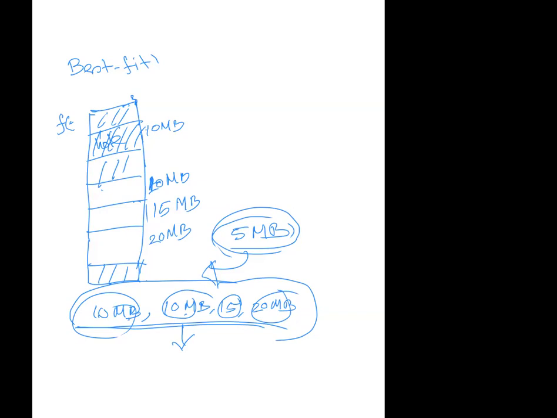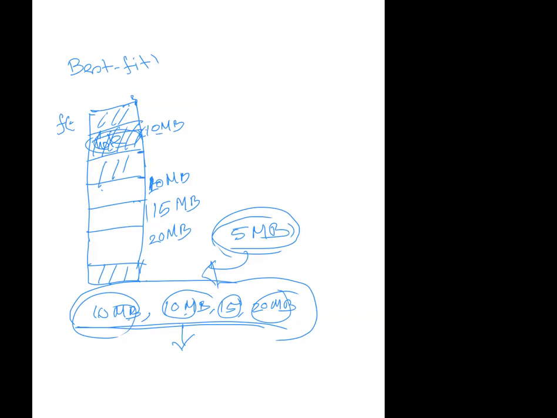Now see what will be the problem for this best fit algorithm. In the last two algorithms, first fit and next fit, it may find a solution in the best case within one go. For example, let's say this is the hole for 10 MB.